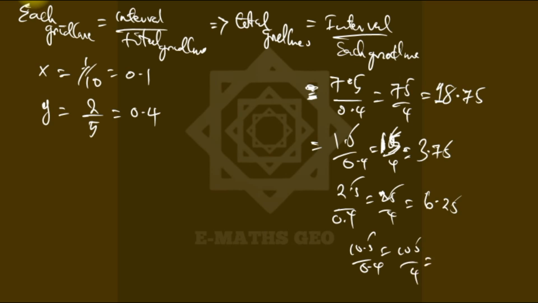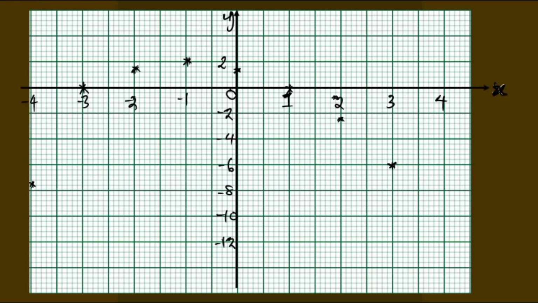That gives 26.25. So we'll count 26: 5, 10, 15, 20, 25, 26, so somewhere there.